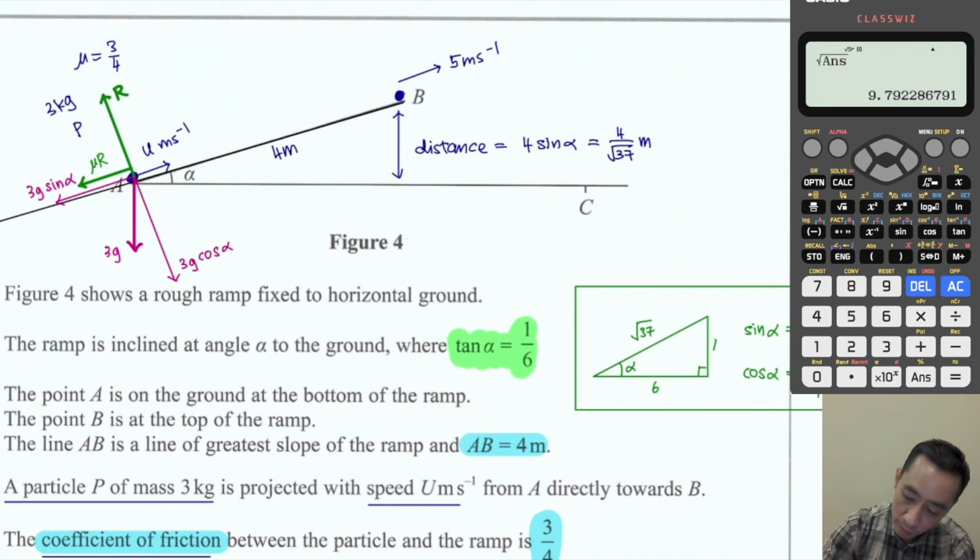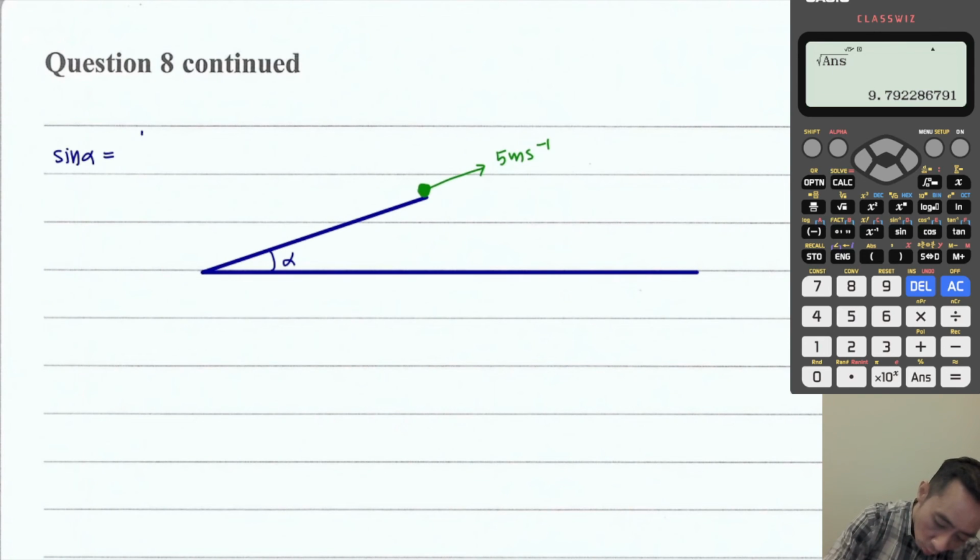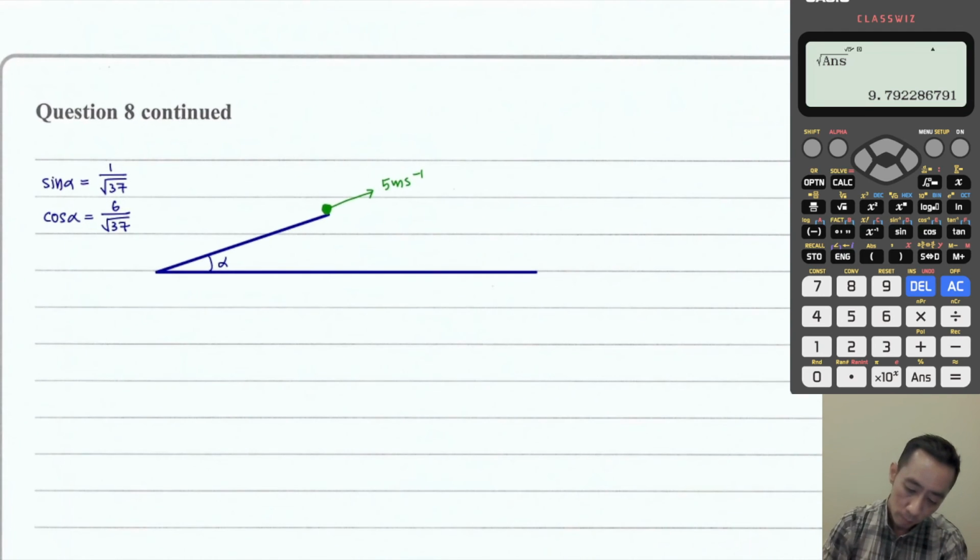We also know that sine alpha is 1 over square root of 37, and cosine alpha is 6 over square root of 37. So it moves freely, which means the particle will move like this. It's projectile motion. We want to find where it will hit the ground, so we call it point C.